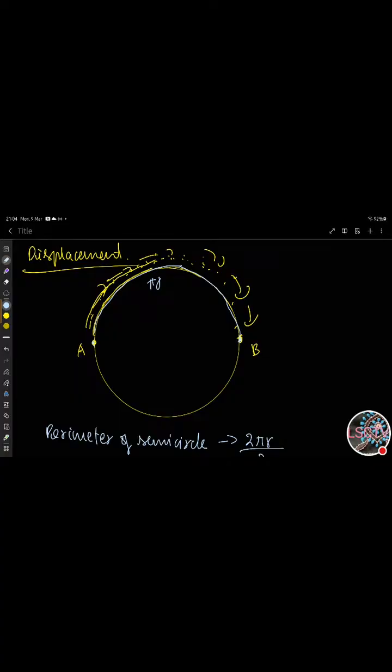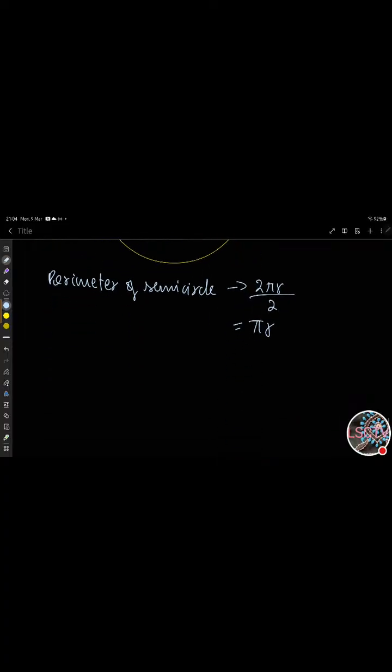Tell me. It is the diameter. So easy, no? But then why didn't you tell me the answer? See, this is pi r, this is 2r. Pi r is greater than 2r, no?